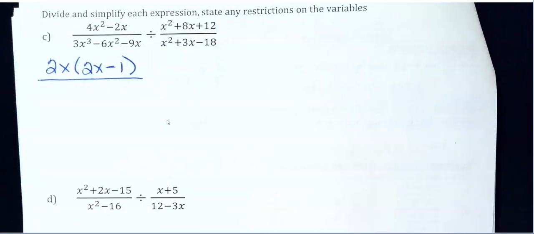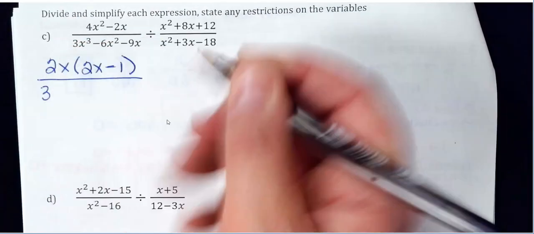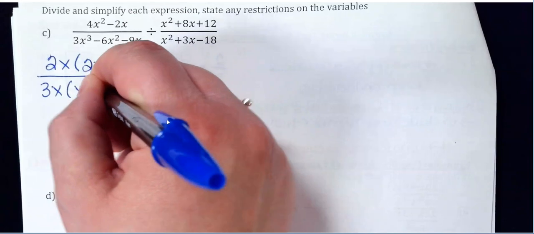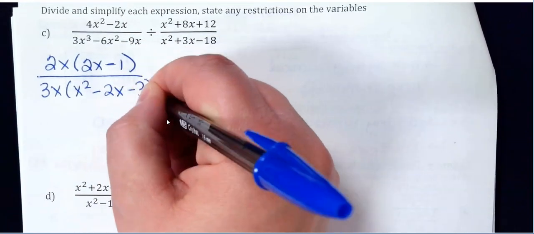Now, what might I notice about the bottom of the first fraction? Anything that those terms all have? Okay, 3. Anything else? And yeah, I've got at least an x in each of those terms. Okay, so then left over, we'd have x squared minus 2x, and then just minus 3.